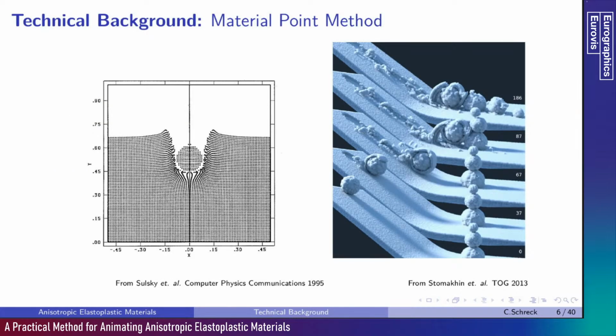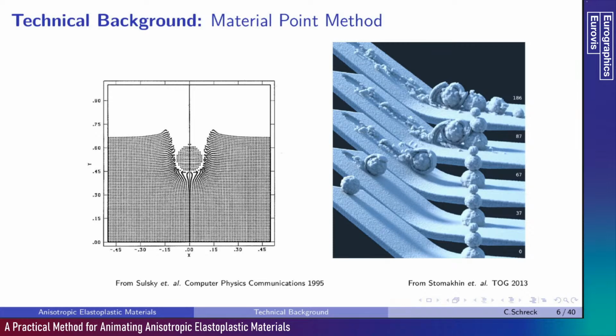Right. MPM was first proposed in the physics domain by Sulsky in 1995, so relatively recently for physics, I guess. It has been then introduced in computer graphics by the Snow paper from Stomakhin and colleagues in 2013, and had been then used to represent foam, jello, and a lot of different, highly deformable materials.